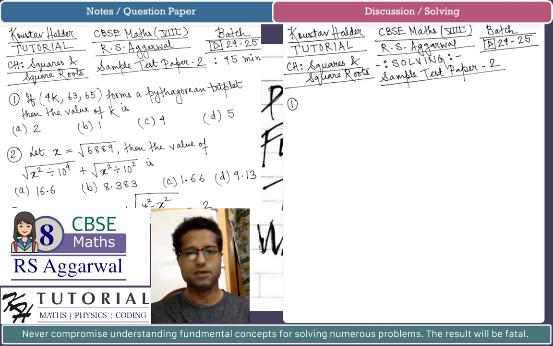The first problem says that if 4k, 63 and 65 form a Pythagorean triplet, then the value of k is.